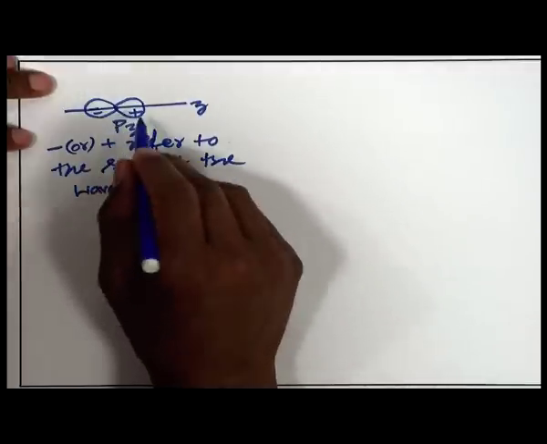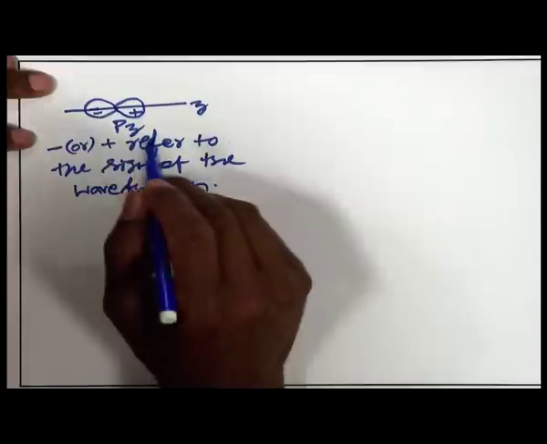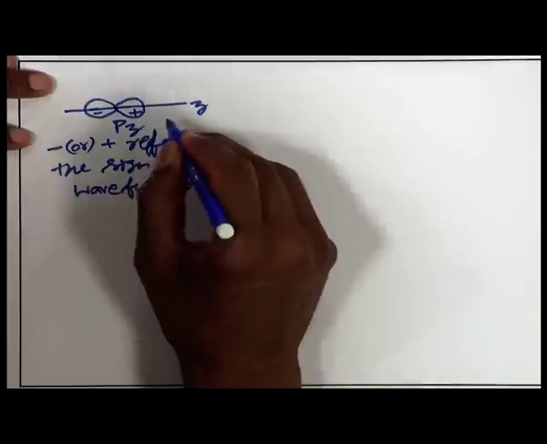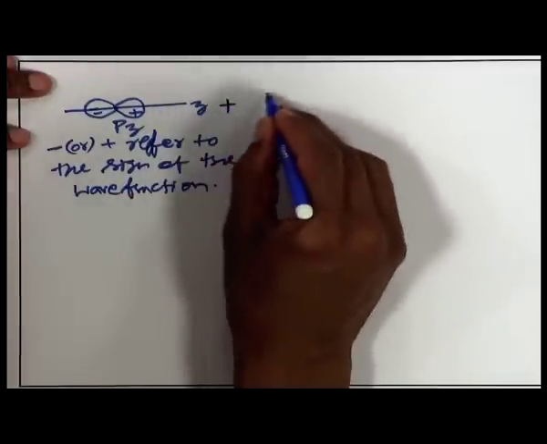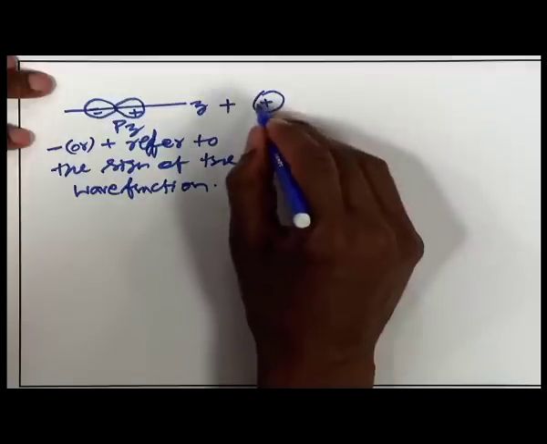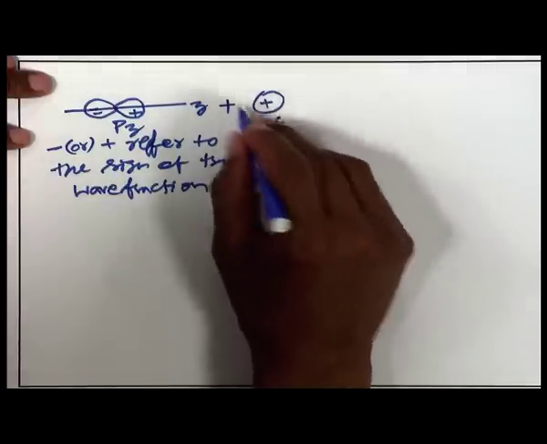If you take a pz orbital, let us say this is positive, this is negative. Now, it could overlap with an s orbital. For example, the s orbital is this plus. The sign of the wave function of the 1s orbital is positive everywhere.